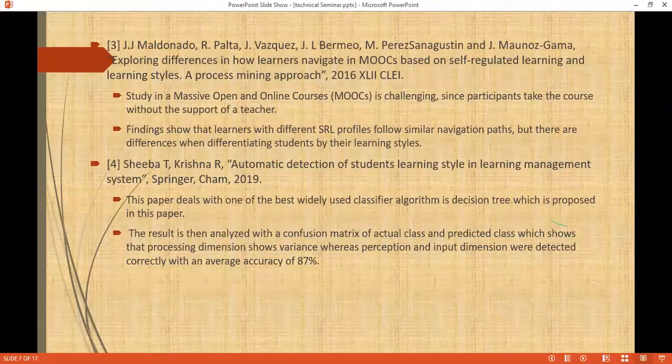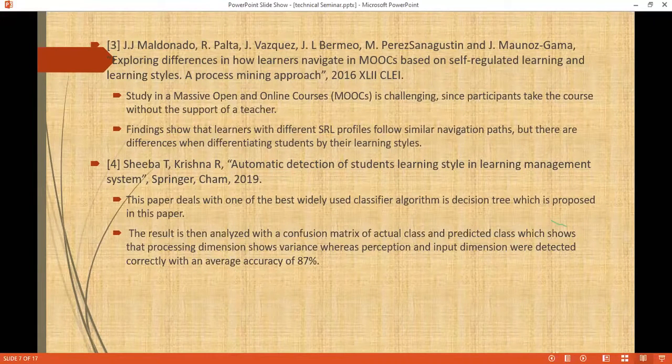And the third paper is exploring differences in how learners navigate in MOOCs based on self-regulated learning and learning styles. They have taken two parts: self-regulated learning and different learning styles. They are trying to bring out differences in these two. When we choose massive open online courses, we choose without the help of teachers, so it is a little bit challenging.